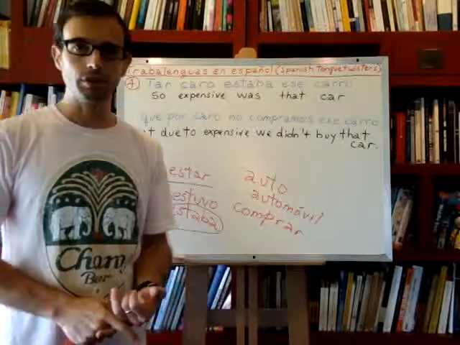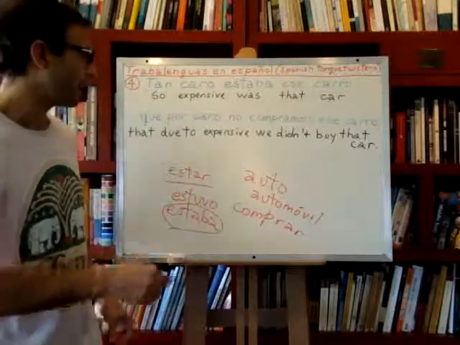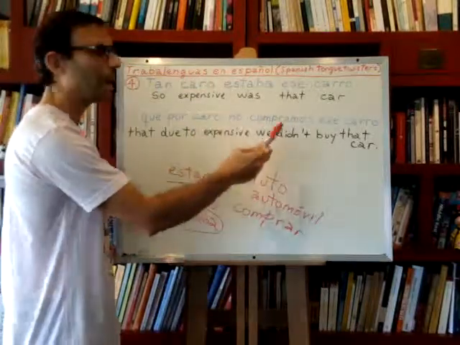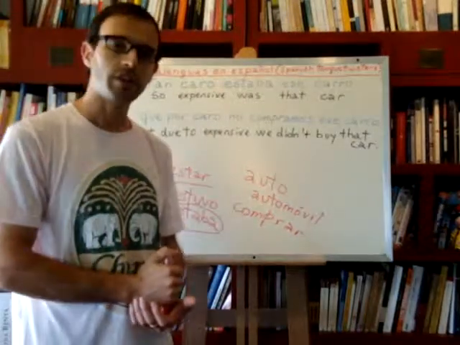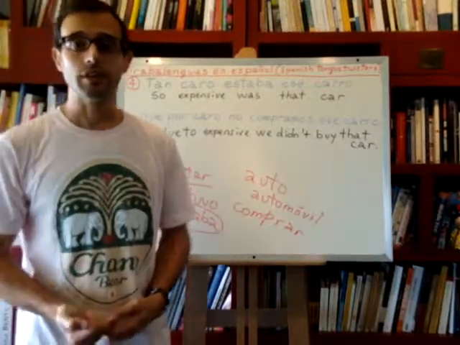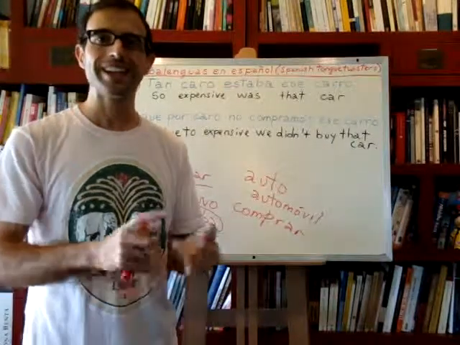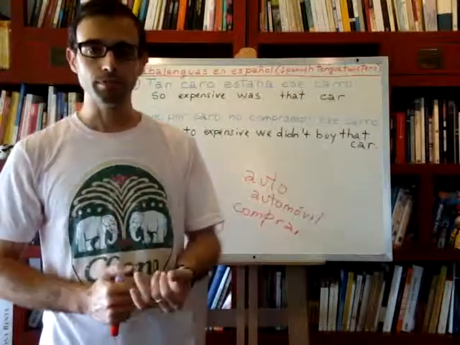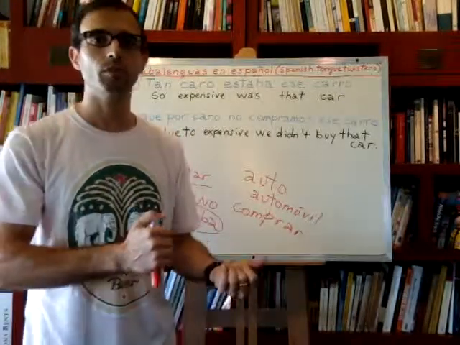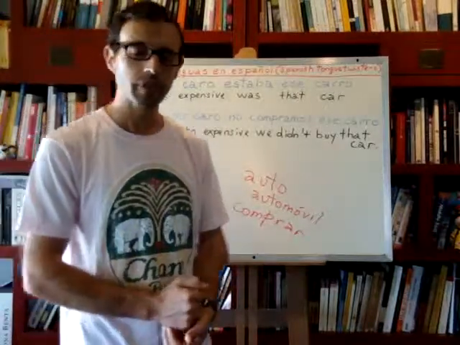Supongo que el desafío en este trabalenguas está más bien en la alternación entre las palabras caro y carro, que tienen diferentes significados y que son parecidas. I guess the challenge in this tongue twister is the alternation of the words caro and carro that are so similar and have different meanings, and one has the rough R and the other one has a smooth R. Caro, carro, okay?